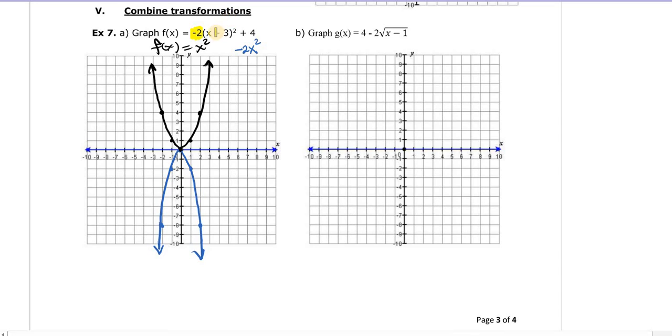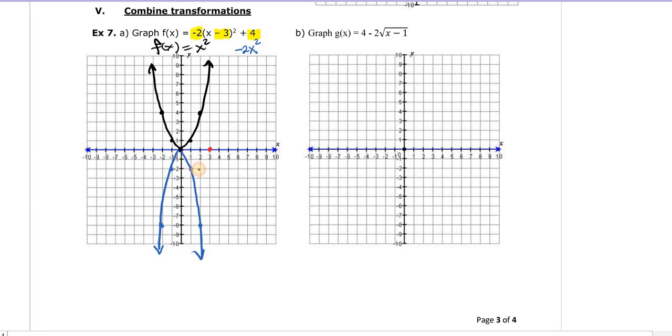Now the other transformations: I see the graph was shifted to the right 3 units and then shifted up 4 units. So I will do the shifting to the right 3 units first. If you shift this point 3 units to the right, it's going to be 3 and 0.